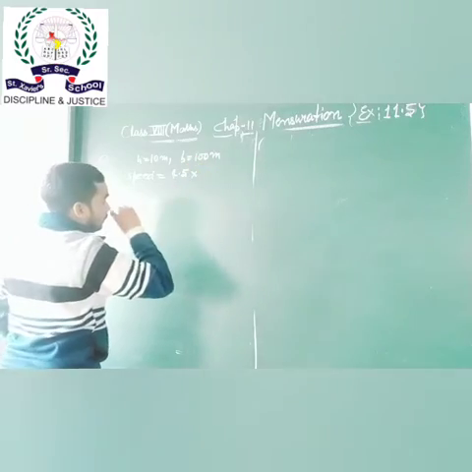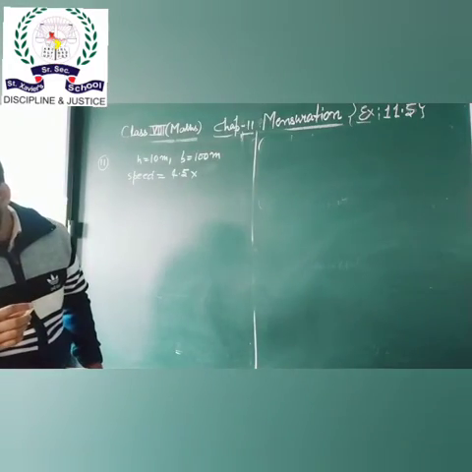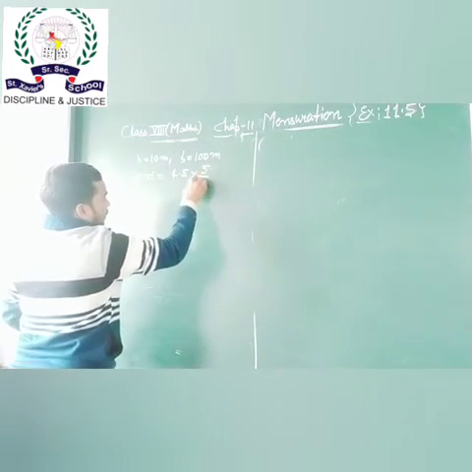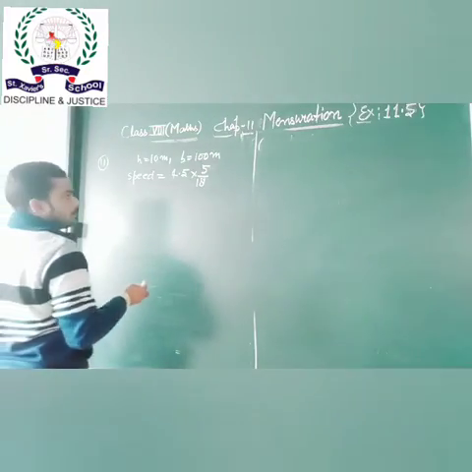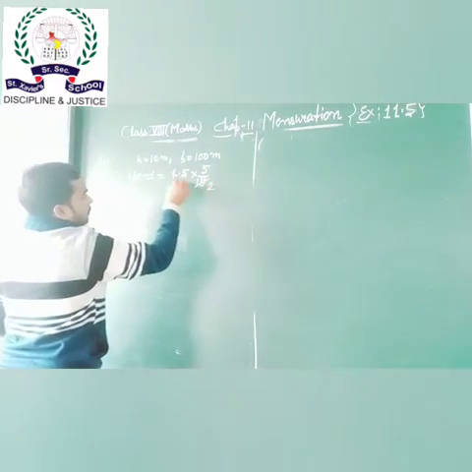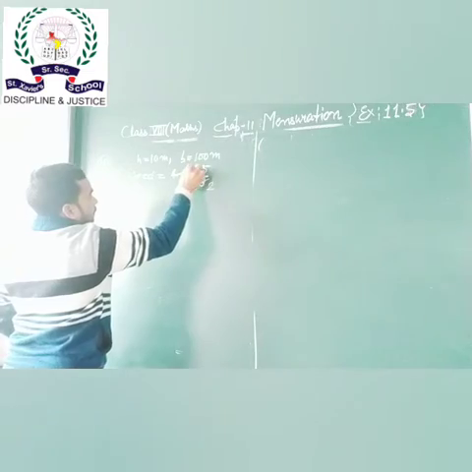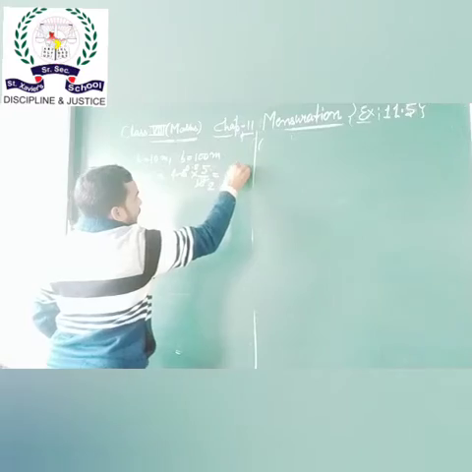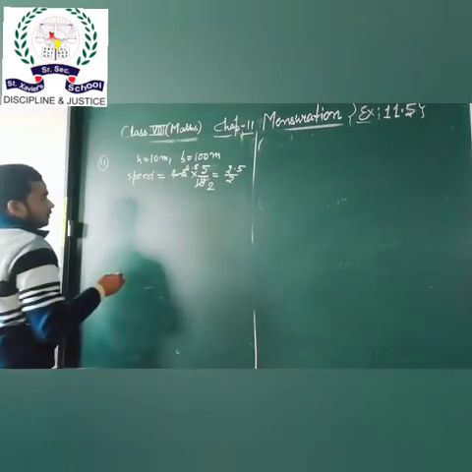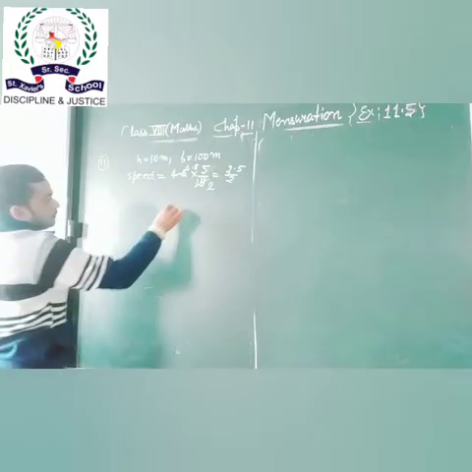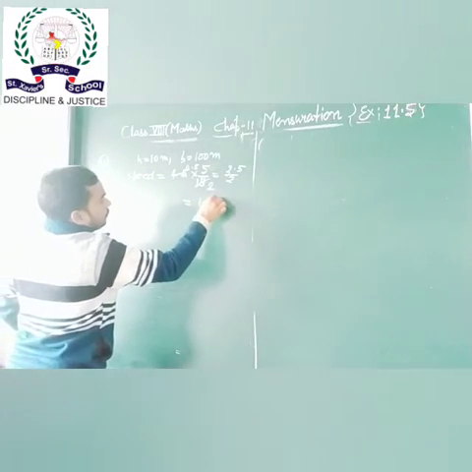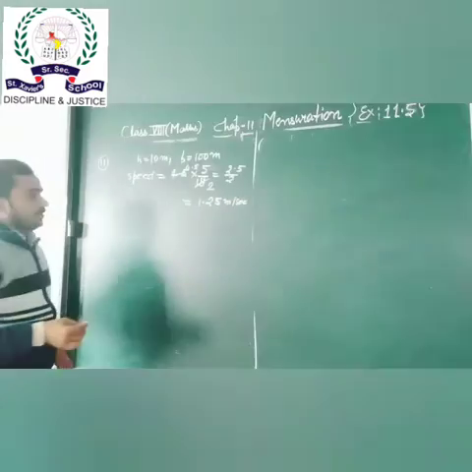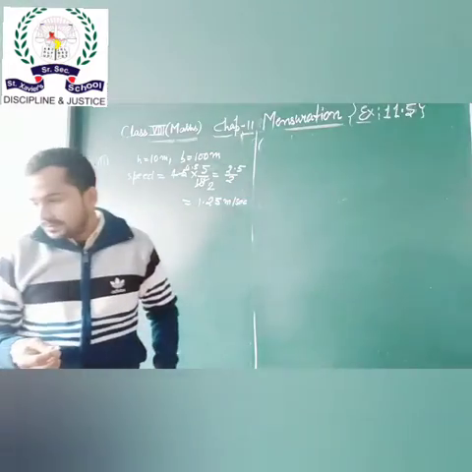4.5 converted to meter per second. So multiply by 5 upon 18. 9 2s are 18. 9 5s are 45. So 2.5 upon 2 equals 1.25 meter per second is the speed of water.